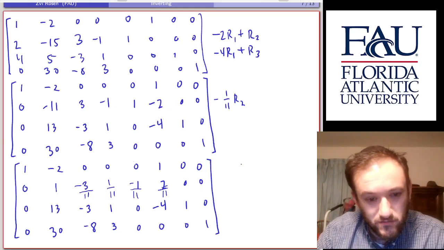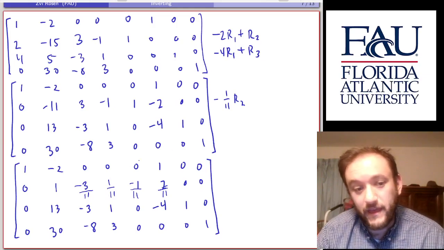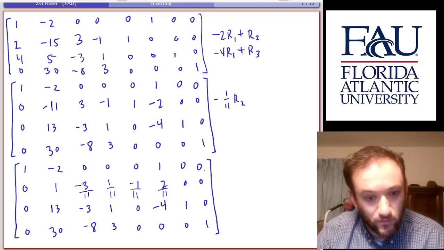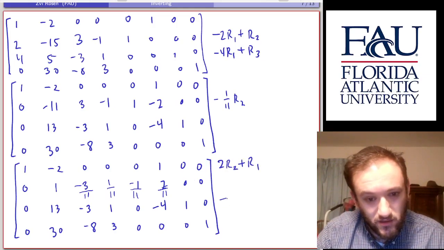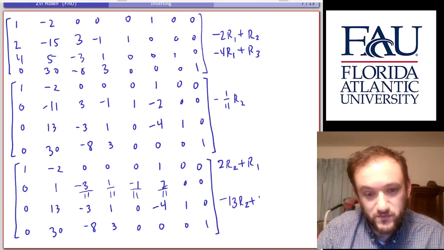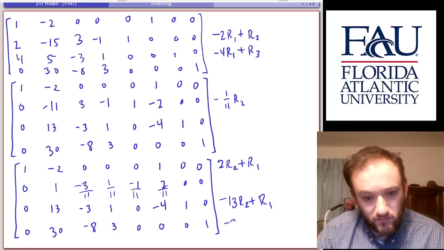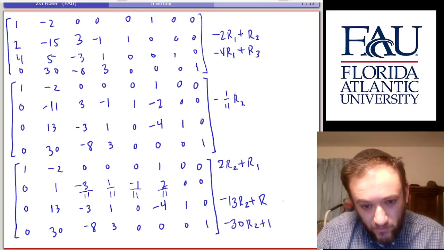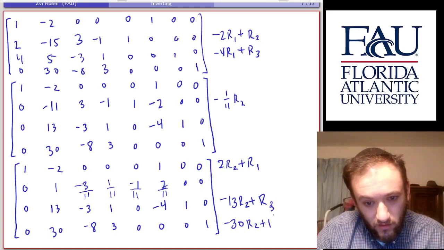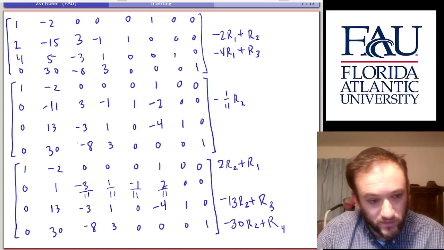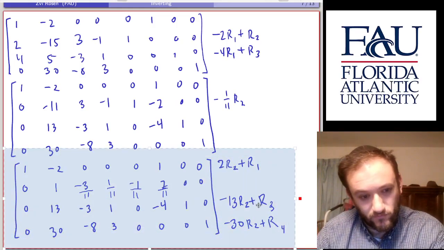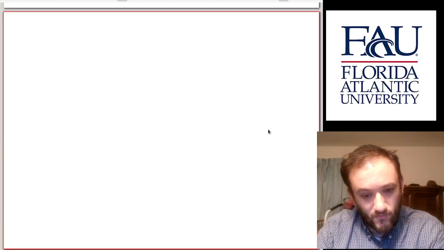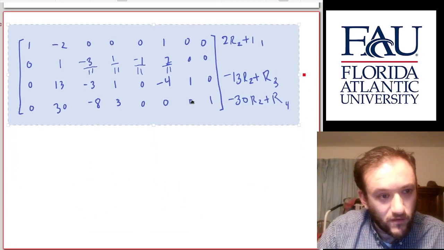Okay, and now to eliminate the other entries in the same column as the leading one, we get 2 row 2 plus row 1, 13 row 2 plus row 3, and minus 30 row 2 plus row 4. Okay.